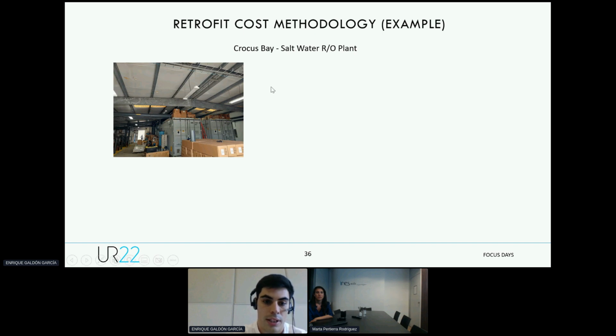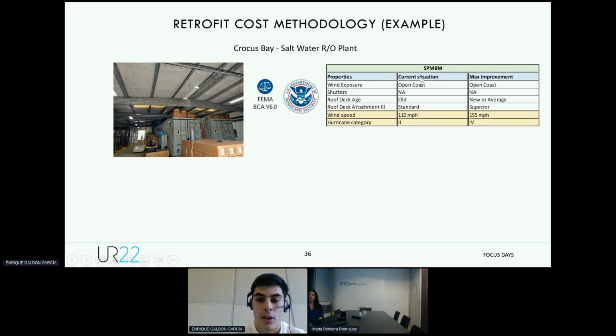Now this is another example to explain how we calculate the retrofit cost. This is an example of a metal building, a salt water plant. Again, using the benefit cost analysis tool of FEMA, we can know the current situation.